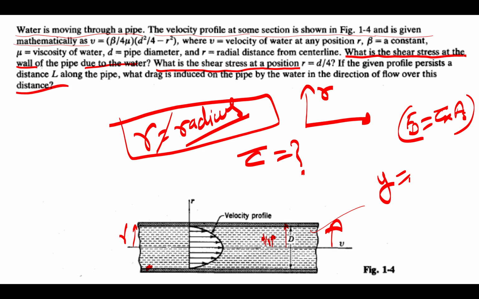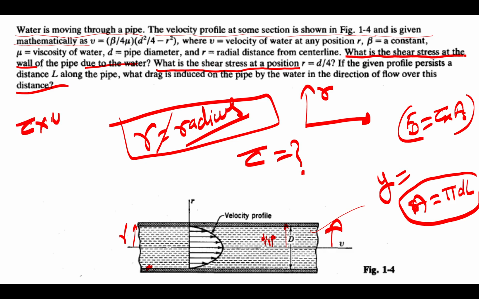Your area you can calculate very easily. Area is nothing but pi d L. But here is the very challenging thing, you need to calculate tau. For calculating tau, if I write here, tau is equal to mu du by dy.